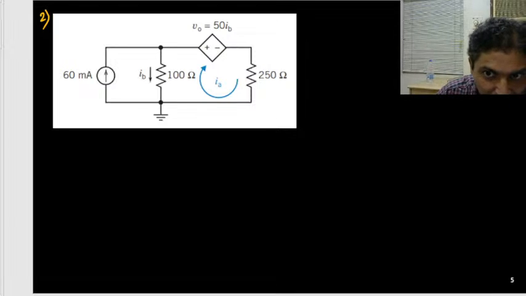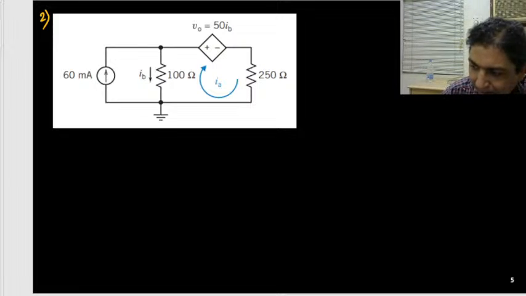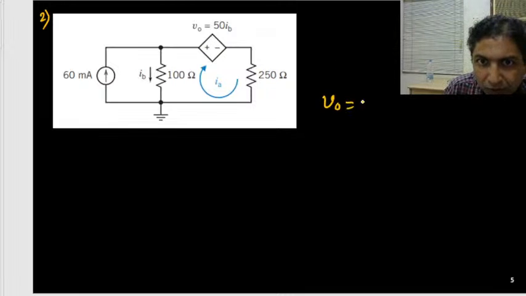So this is the next problem. Right? So can you find V naught for this problem? So what is V naught?